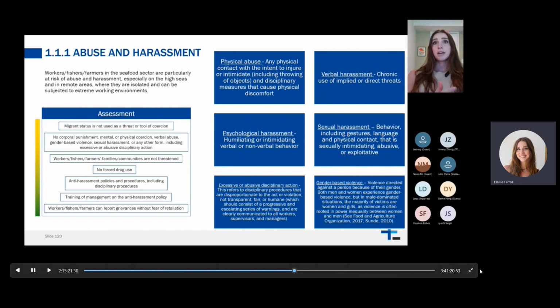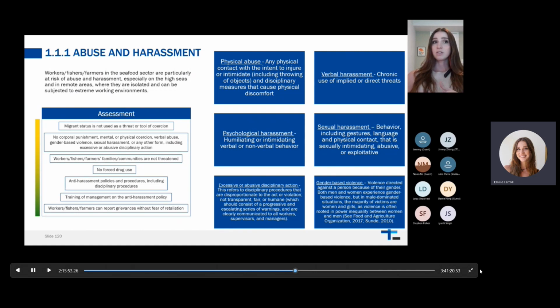And then 2 other items that are covered under abuse and harassment here are excessive or abusive disciplinary action. So that's obviously consequences to actions that are taken that tend to be disproportionate to the action that happened. So it's really important in order to avoid the potential for people to be abused or harassed in the workplace to have really rigid disciplinary procedures so that there's clear instruction to managers on how to handle different situations.